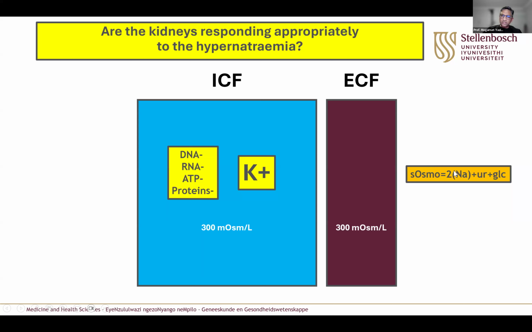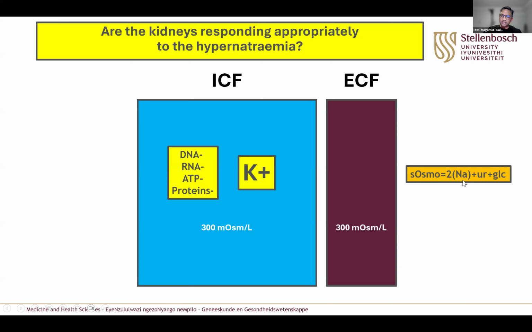The reason we say 2 times sodium is to counter for all the negatively charged molecules or electrolytes that are associated with the sodium inside the serum, and that's mainly chloride. So instead of saying sodium plus chloride plus bicarbonate, we just simply say 2 times sodium to counter for all the negatively charged molecules attached to the sodium.